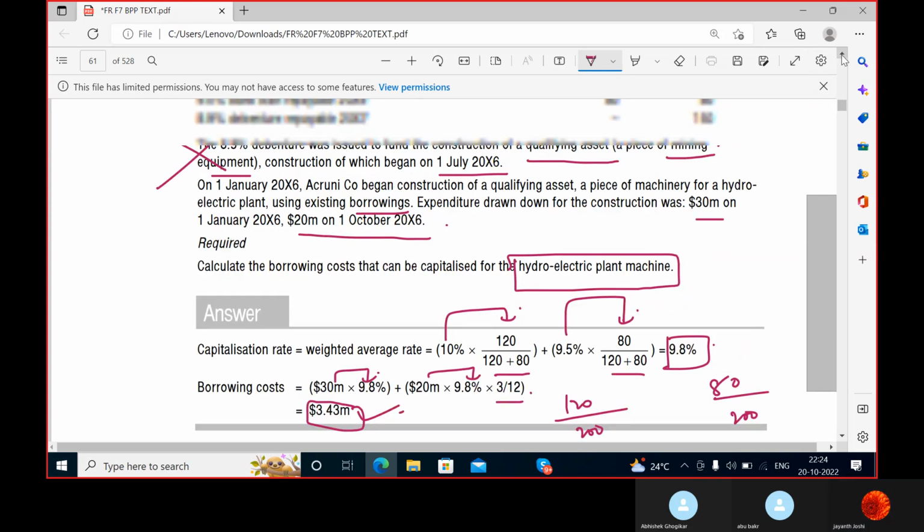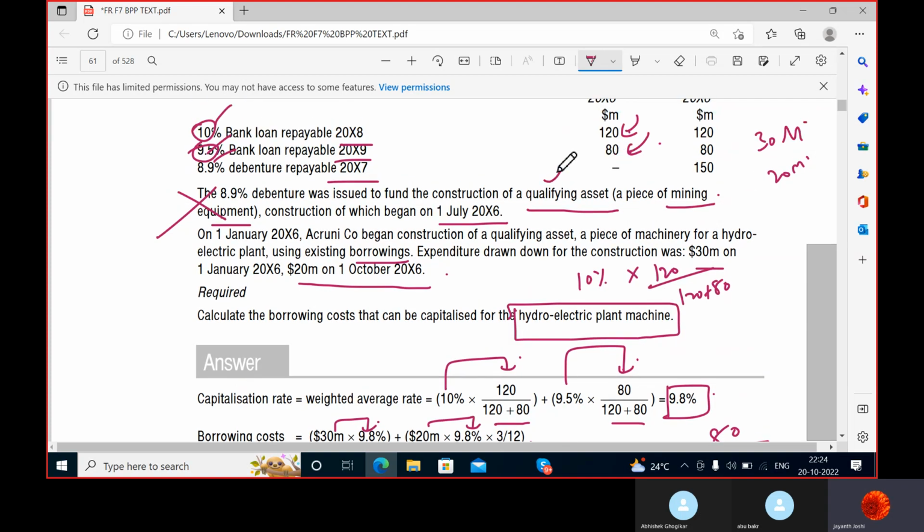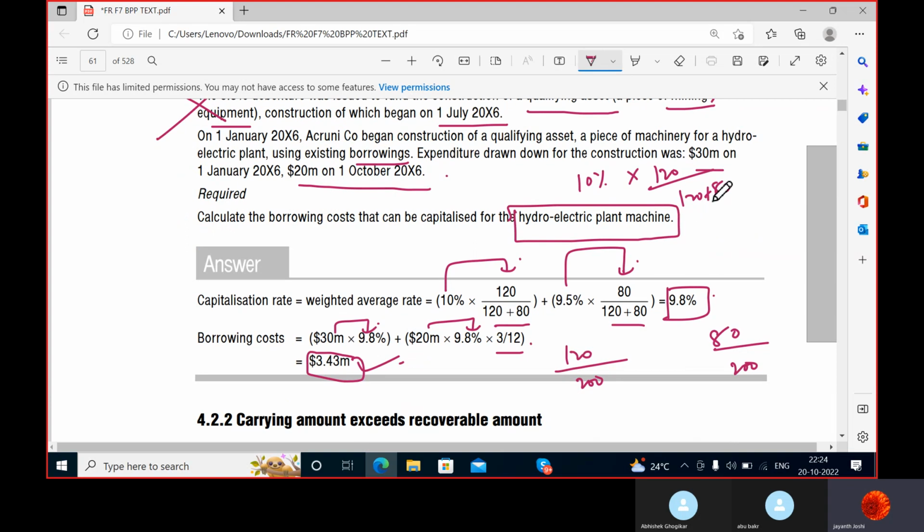I'll move forward. So this is the formula for the weighted average. You take the rate, that is 10% into one set of loan, 120 out of the total 120 plus 80, plus 9.5% into 80 by 120 plus 80. Mind it, we are not taking the debenture because that is used for mining equipment, which we should not find out as per this question. We should only take those loans which are used to construct the hydroelectric plant.